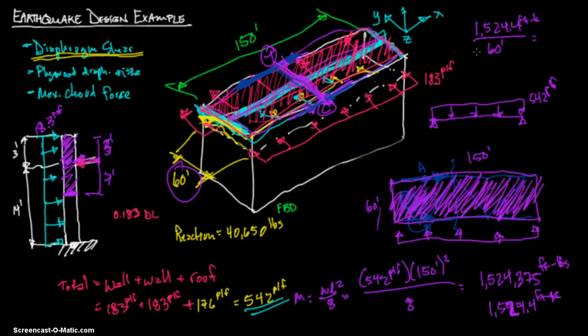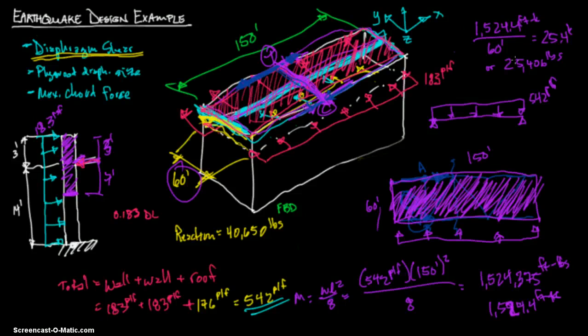I'm going to divide my current answer by 60, and I get 25.4 kips, or 25,406 pounds. So 25.4 kips is fine.